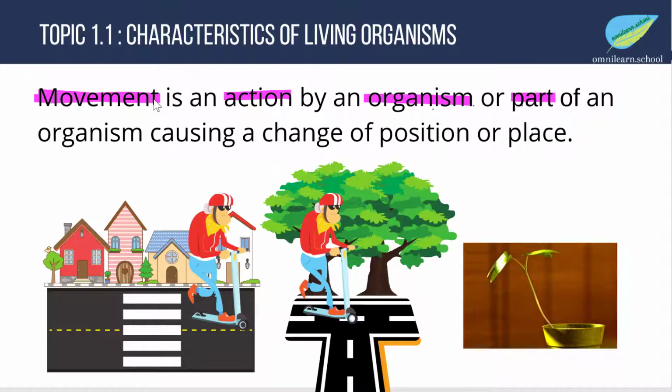So action by the organism or part of the organism causing a change. Okay, another keyword is change of position. Here the position of the plant changes, or place. For example, this lady here, she's on rollerblades and she will change not only her position but also her place. So those are the keywords.